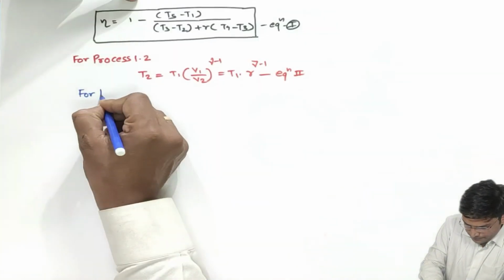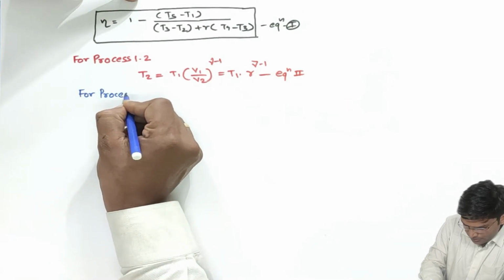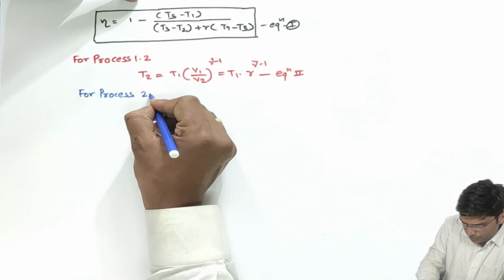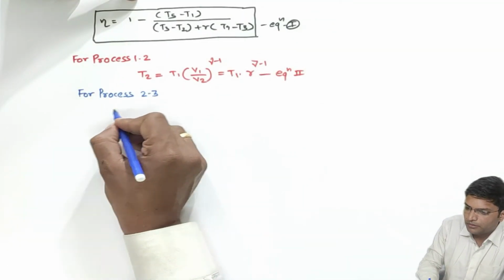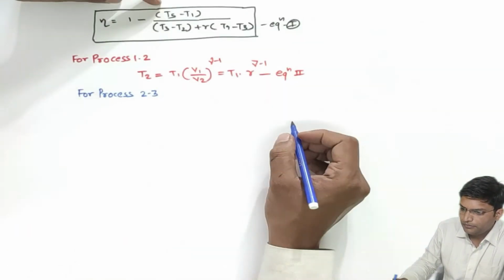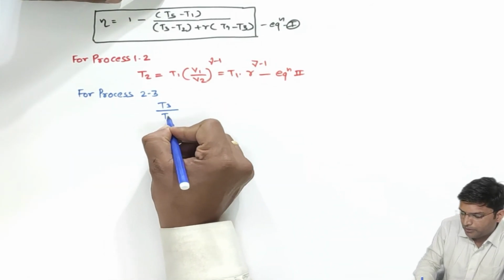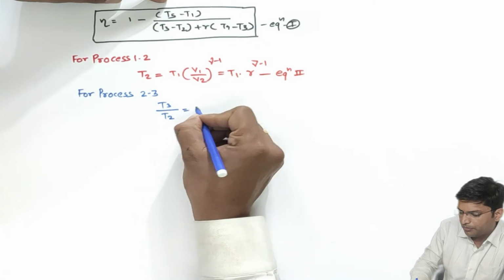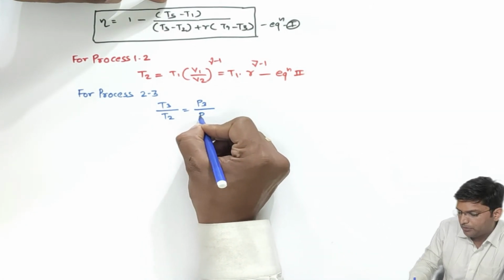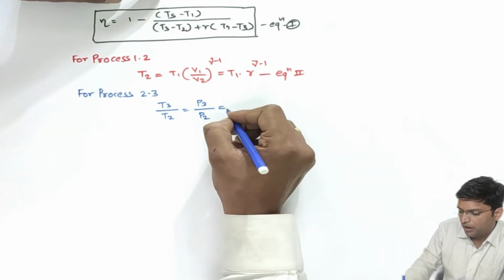Now for process 2 to 3, T3 upon T2 is equal to P3 upon P2 is equal to alpha.